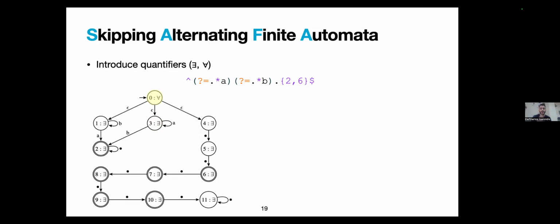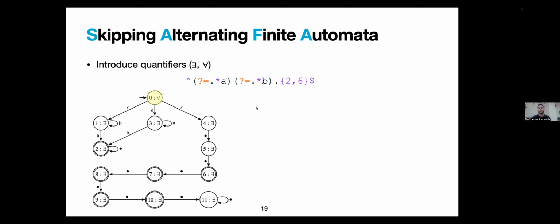So if we look at the regex and look at this AFA diagram, we can see that the left-hand child corresponds to the left look ahead, the middle to the middle look ahead, and the right-hand child, which is a really long chain of wildcards, corresponds to the rightmost regex, the 2 to 6 wildcard.